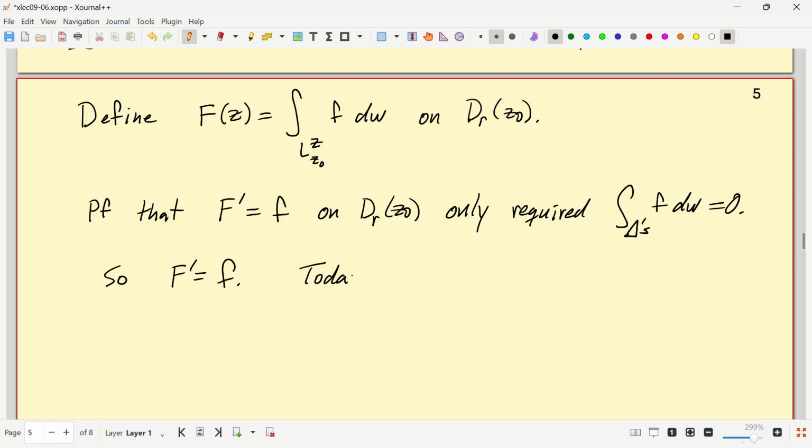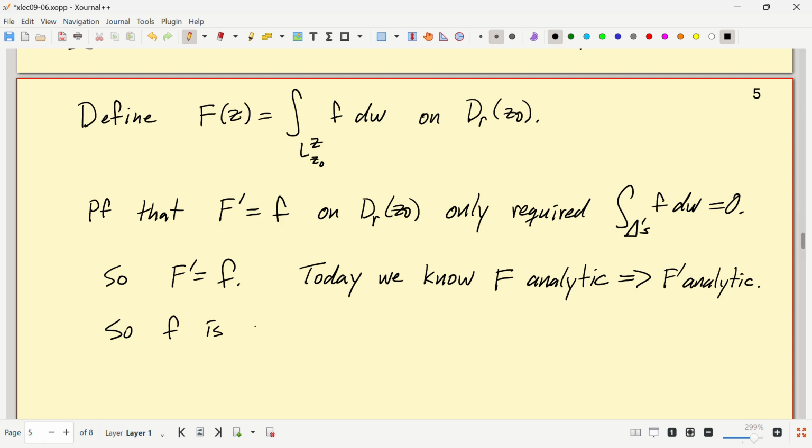Today we know that if F is analytic, then so is its derivative. So f is analytic because it is the derivative of F. It's analytic on that little disk.